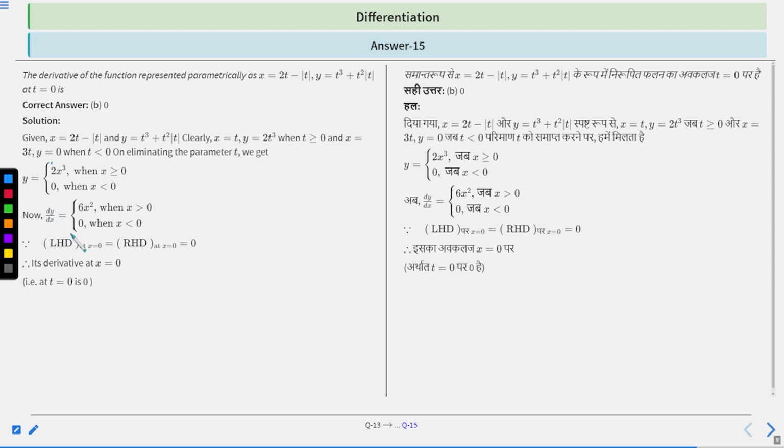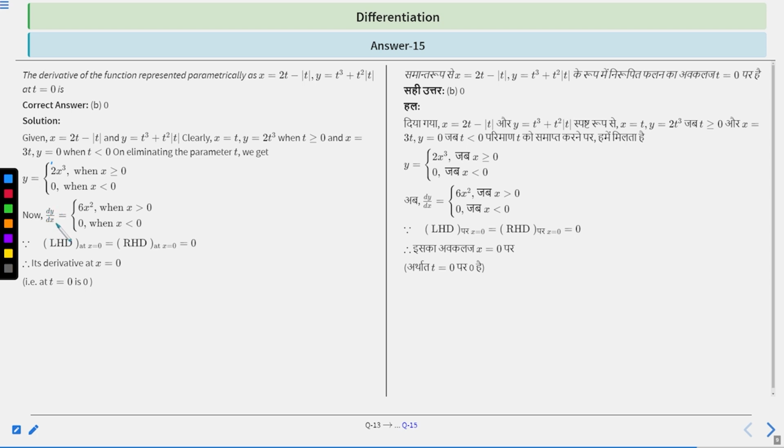We could also have applied dx by dt and dy by dt and divided, but eliminating t directly seems the easier approach, so that we don't have to take derivatives with respect to t and then divide. Eliminating t would be the smart choice here.